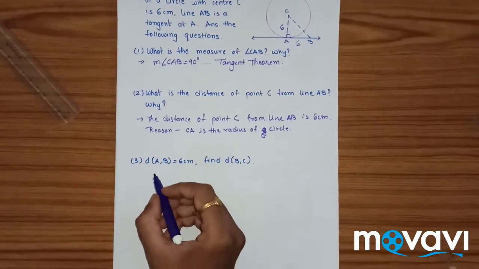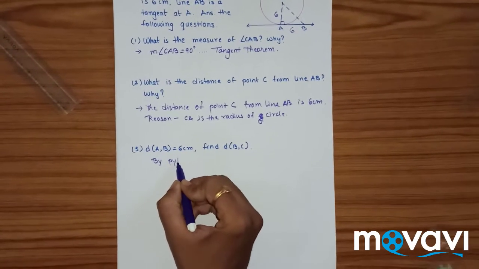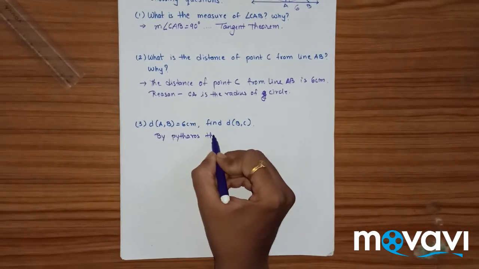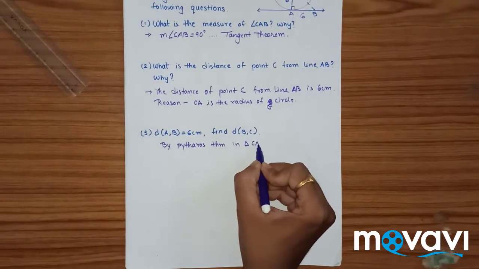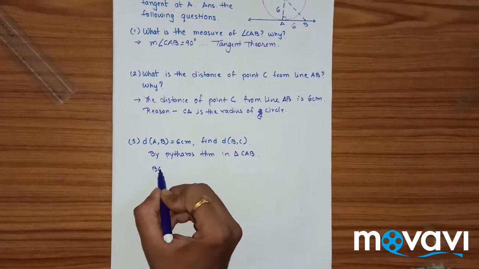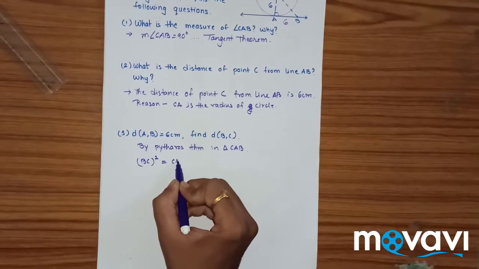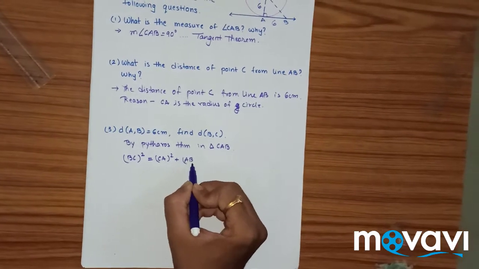Okay. So let us write down by Pythagoras theorem in triangle CAB. So BC square is equal to CA square plus AB square.